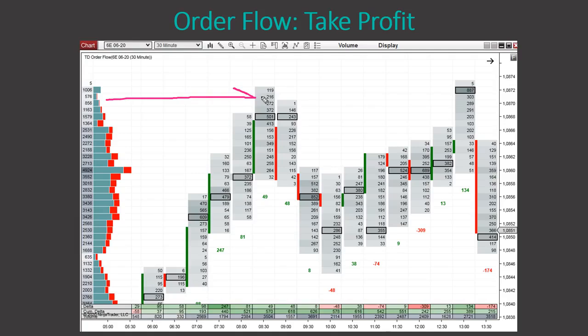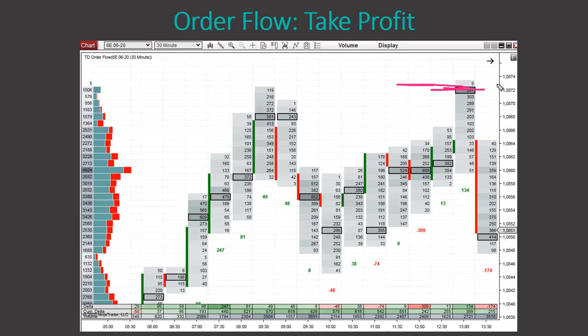If you are short from this area, then the ideal take profit would be in here. This volume cluster, one tick above the high volume node preferably. So in here, right?